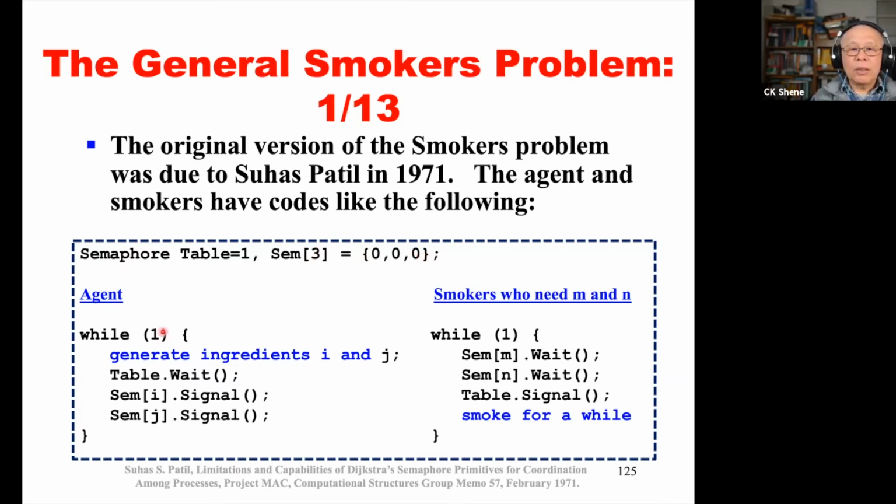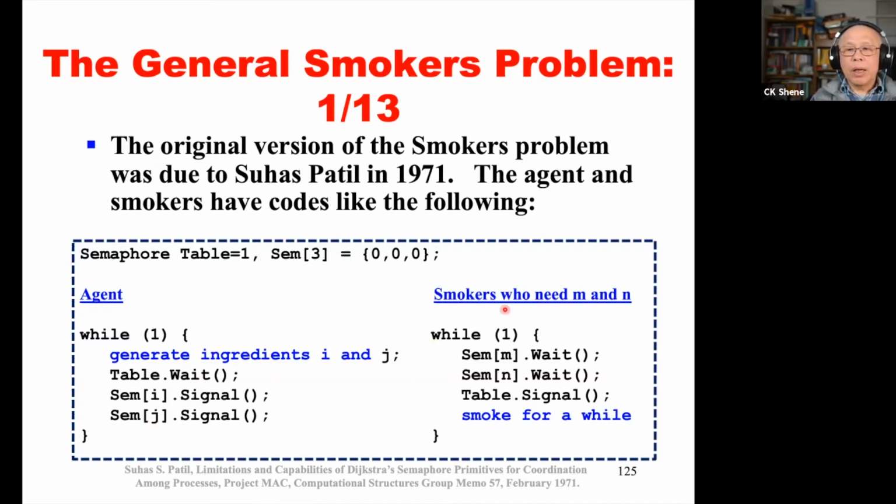So in this case, the agent will do the following. The agent generates 2 ingredients, I and J. And the agent waits for the table to be cleared, and then signals the semaphore corresponding to ingredient I, and then signals the semaphore corresponding to ingredient J. So the agent signals each ingredient semaphore rather than 1 semaphore corresponding to 2 ingredients.